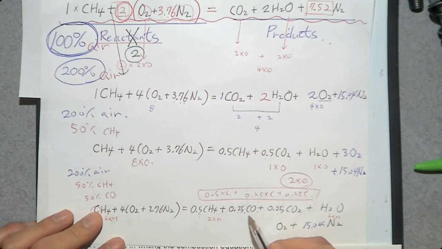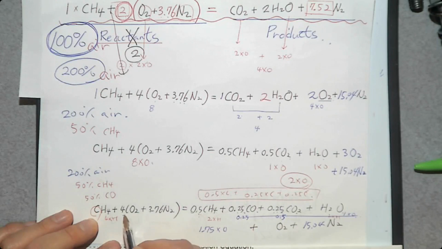So 0.25 oxygen, 0.25 times 2, 0.5 oxygen, 1 oxygen. So altogether, how many? 1.75 oxygen. So we have 1.75 oxygen. How many oxygens here? 8 oxygen.